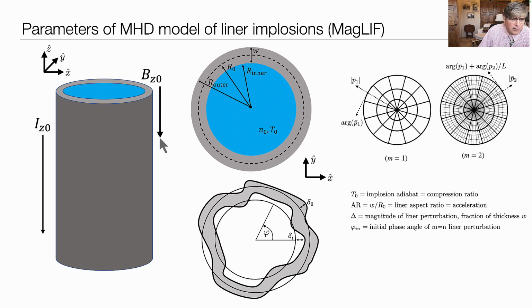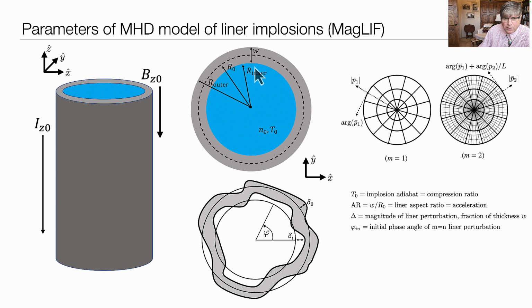An initial Bz is created by some azimuthal coils, and then a very large current is driven through this liner, causing a large azimuthal B field on the outside of the cylinder, which compresses the deuterium gas on the inside of the cylinder. The initial parameters are the initial density and temperature of the beryllium gas, as well as the aspect ratio of the liner.